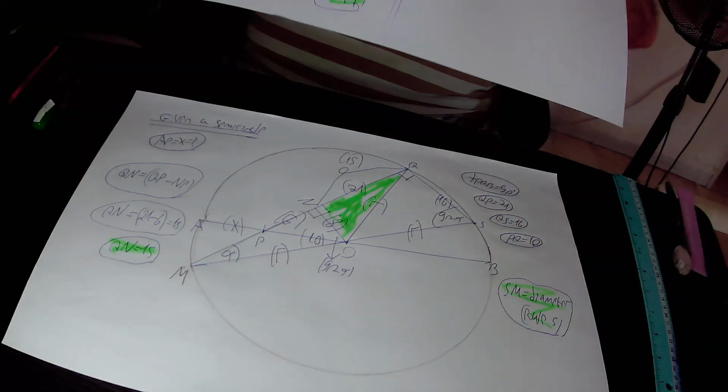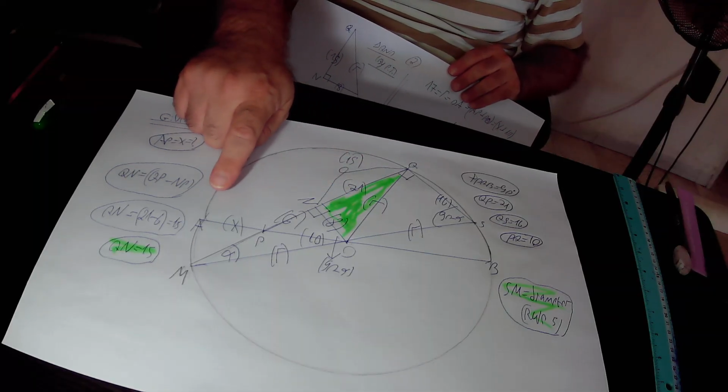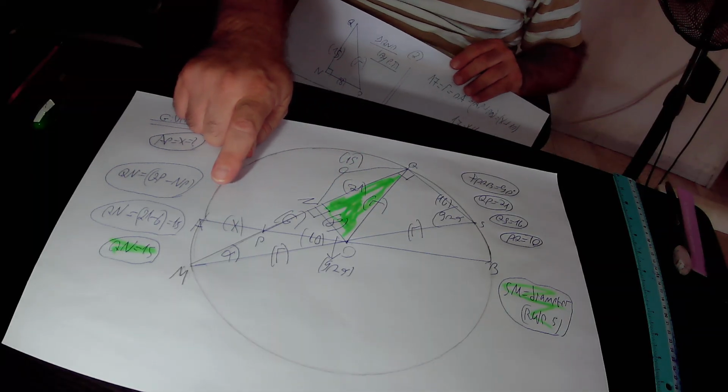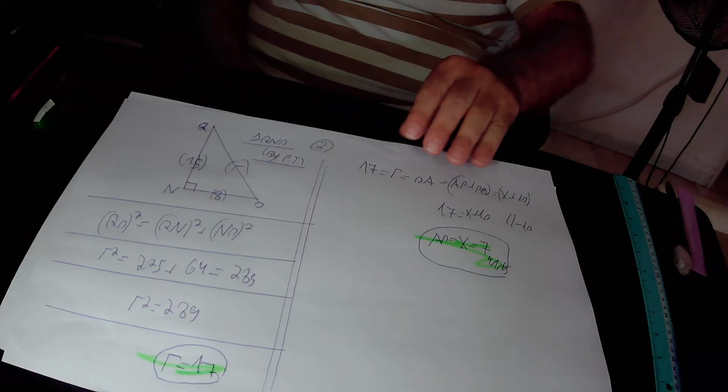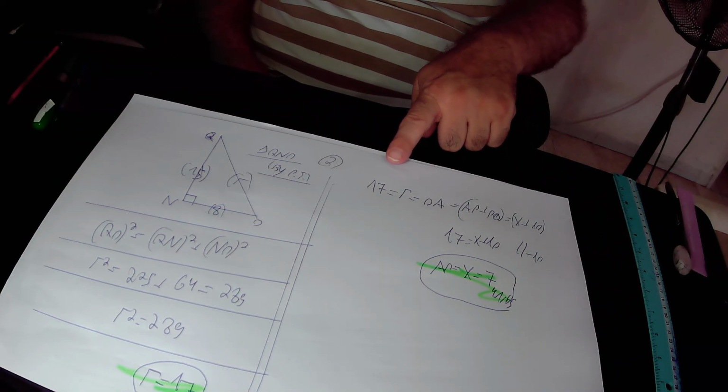We know that OA is also the radius of this circle, that is equal to 17.